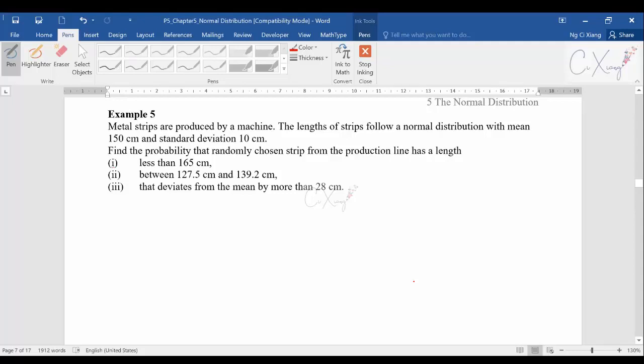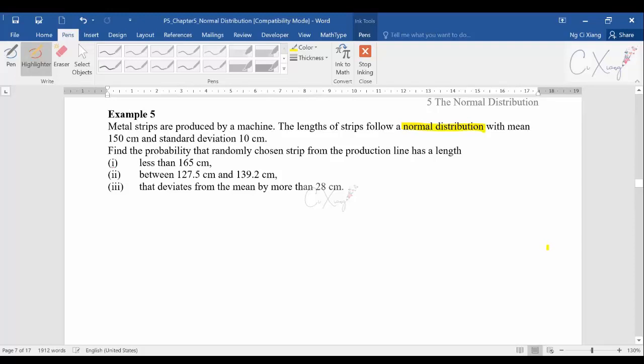For normal distribution questions, in the question, they will definitely give you the keyword normal distribution. If you didn't see this word normal distribution, you cannot assume that it is normal. It's different from binomial. For binomial, you need to identify the patterns yourself, because there's no keyword. But for normal distribution, 100% they will have the keyword. You must see the words normal distribution.